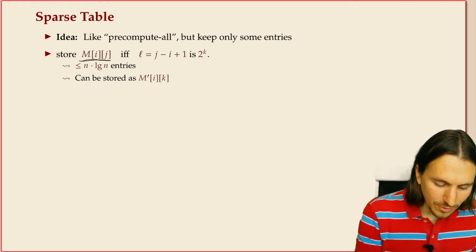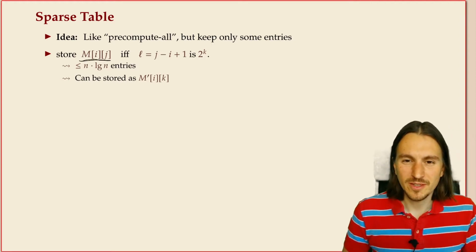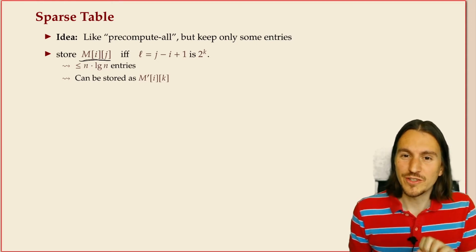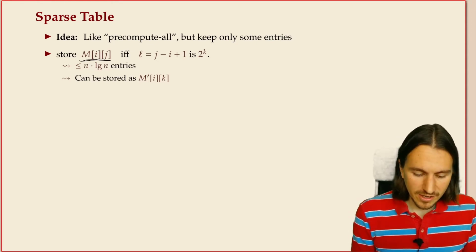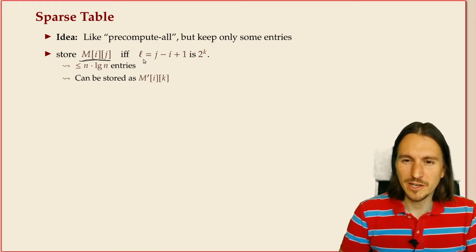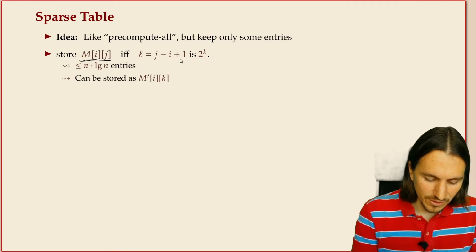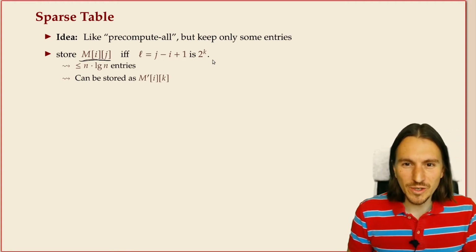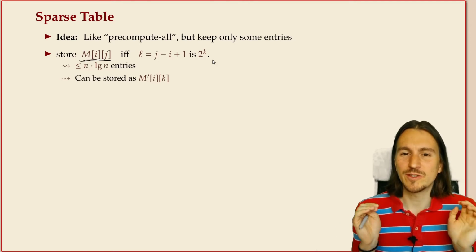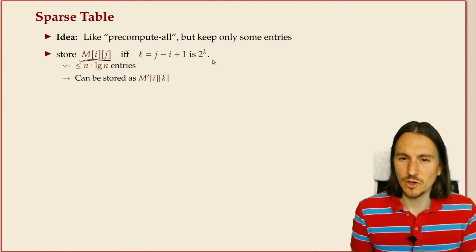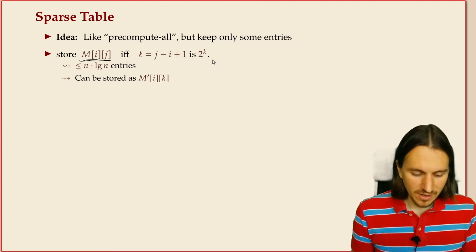So we only store the entries, the minimum index for i and j, for certain combinations of i and j. Namely, if the length of the range that we span is a power of 2. That's what this condition expresses in formulas. But really it says only if i and j have distance a power of 2, we store this entry. For any other ranges, we don't store the entry.